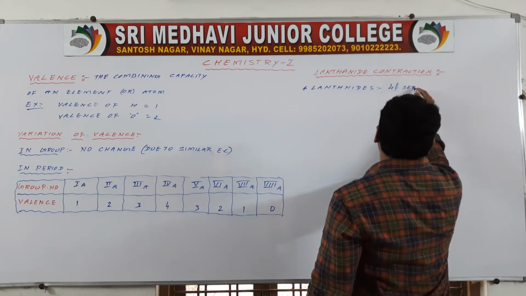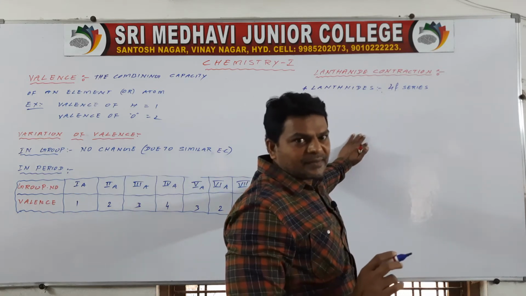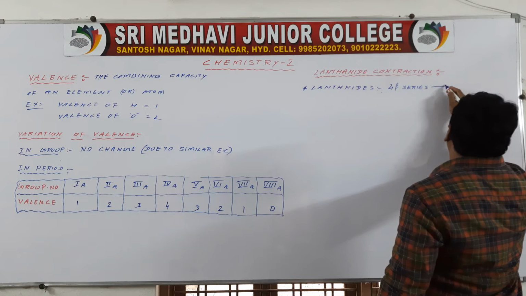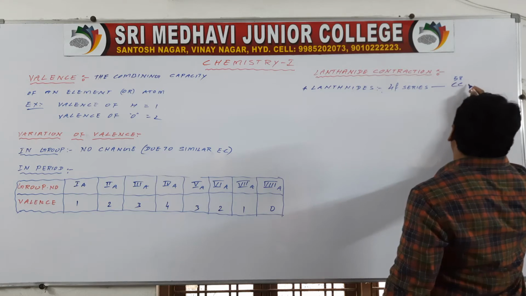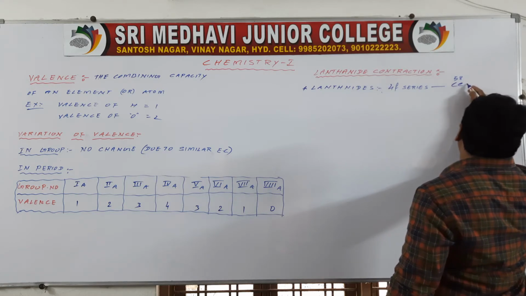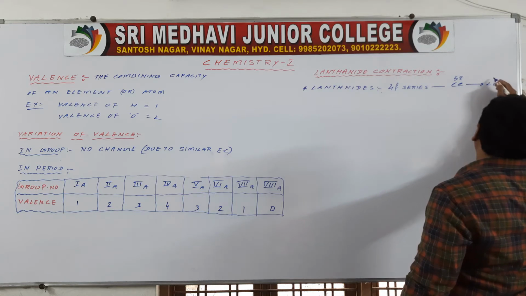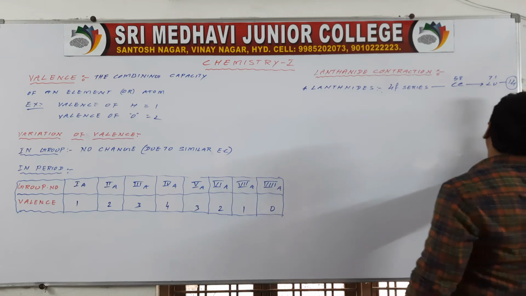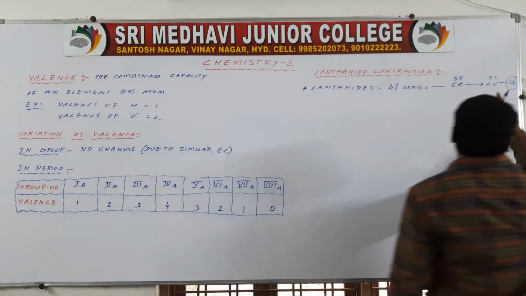The elements belonging to the 4f series are called lanthanides, which start with cerium, atomic number 58, and end with lutetium, atomic number 70 [sic], and a total of 14 elements are called lanthanides.